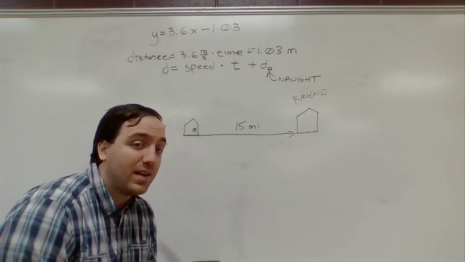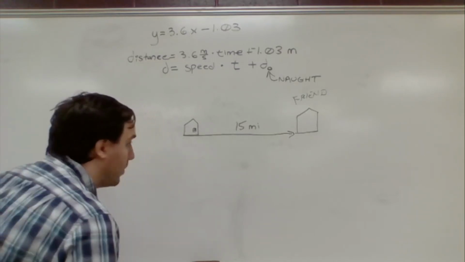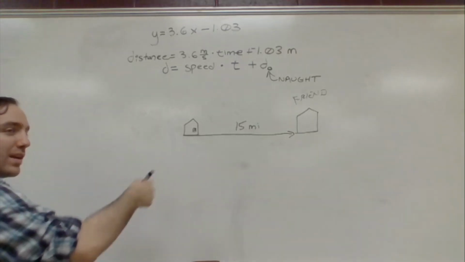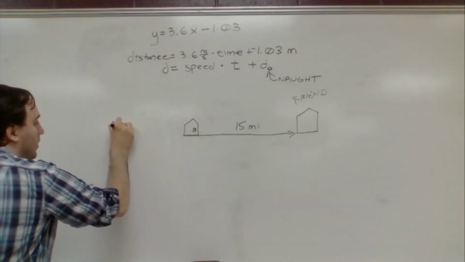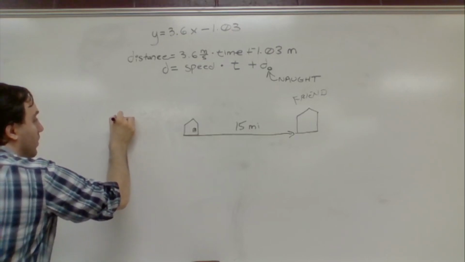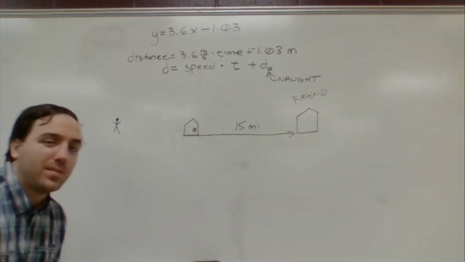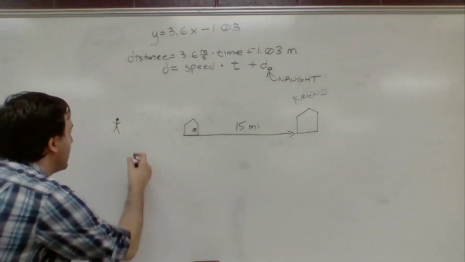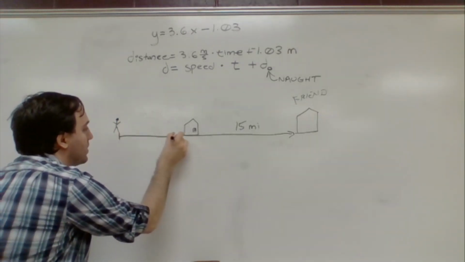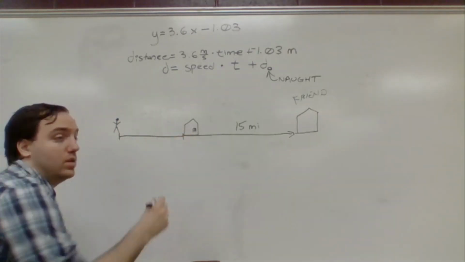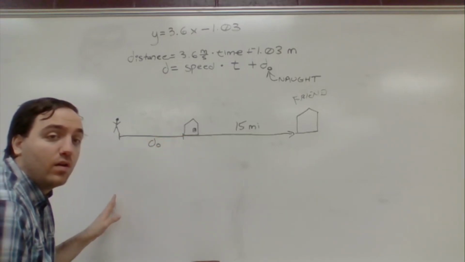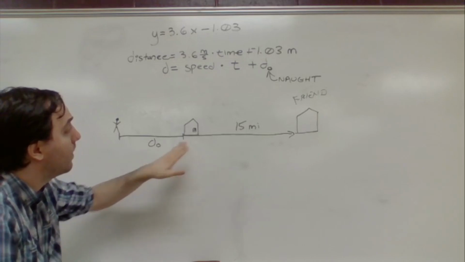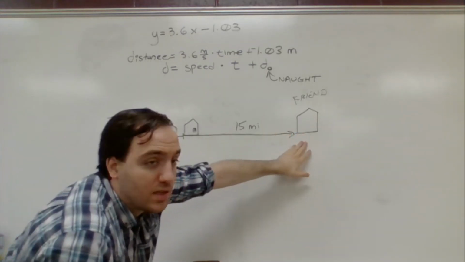But let's talk about that. Let's say you're not at your house. Let's say you're over here on your way to your house coming from school. You are here. How far are you from your friend's house? Well, that's going to be this initial distance you are from your house plus the distance to your friend's house.